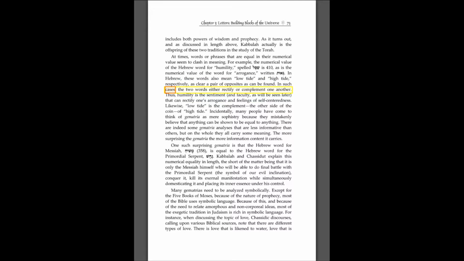In such cases, the two words either rectify or complement one another. Thus, humility is the sentiment and faculty, as will be seen later, that can rectify one's arrogance and feelings of self-centeredness. Likewise, low tide is the complement, the other side of the coin, of high tide.